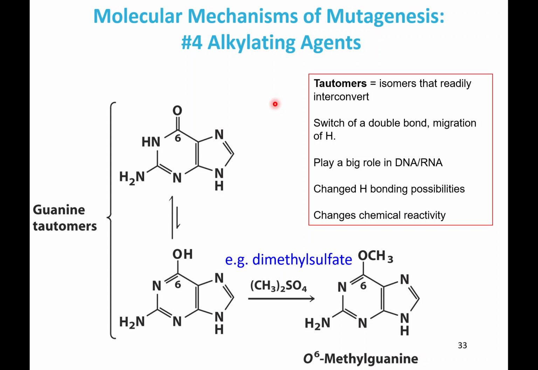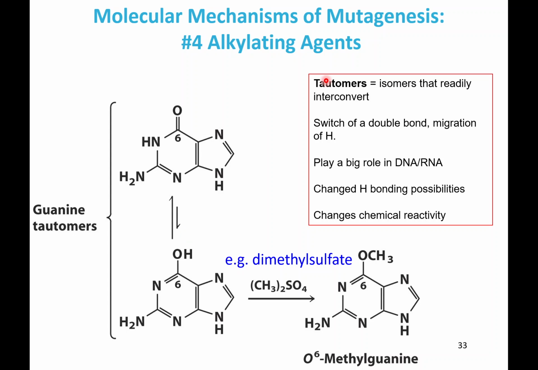The fourth mechanism is alkylating agents. And these are agents and chemicals that add groups to your DNA bases. So if we look at guanine, this is the typical way to draw it, but there's also what's known as a tautomer.